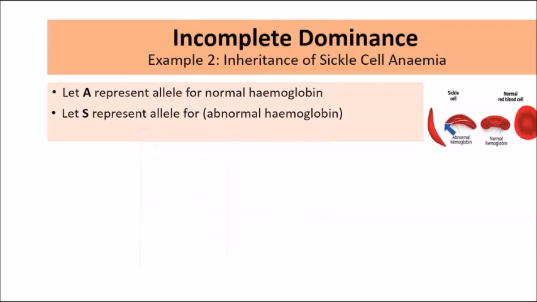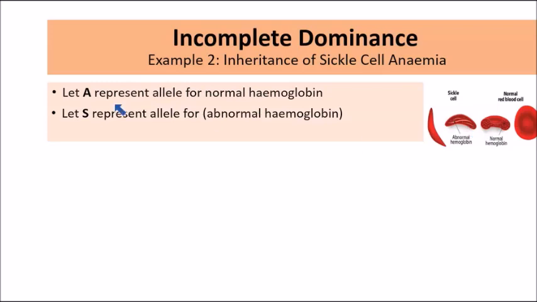That's what causes the red blood cell to be sickle-shaped rather than rounded. The normal hemoglobin gives you the normal shape of the typical red blood cell, while the abnormal hemoglobin produces this sickle-shaped red blood cell. So that's just a little background about sickle cell anemia.